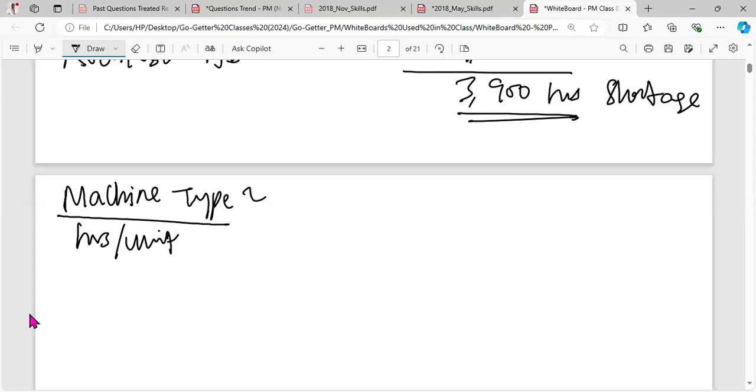Except if it's not a limiting factor question. But if they're asking which machine is the limiting factor, that means there must be one. So anytime you get a shortage, you can stop there and say that is the limiting factor. But for the sake of learning, we are going to do all of them to see which one is the limiting factor. What I just told you is for time's sake in the exam.